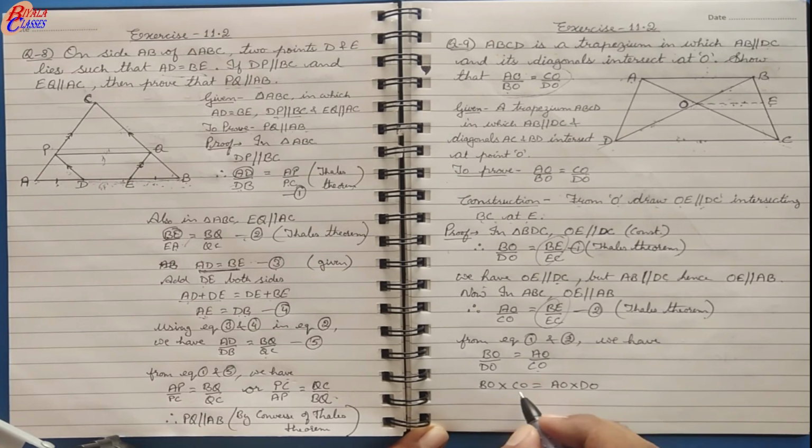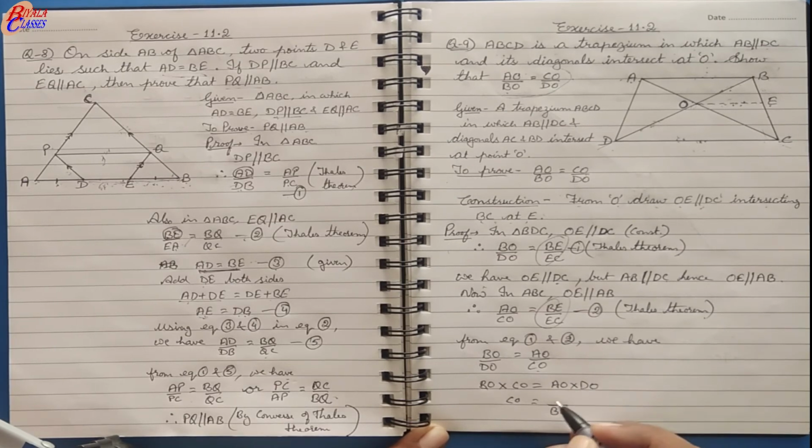Now here, this CO, let it be as it is. BO, you can transpose to the right side. When you transpose it to the right side, it will be divided, so it is upon BO.